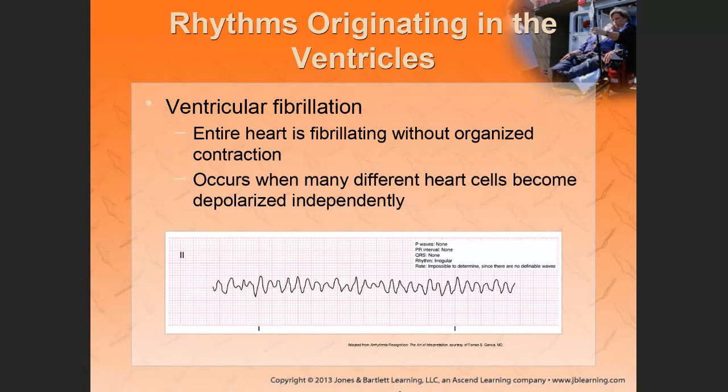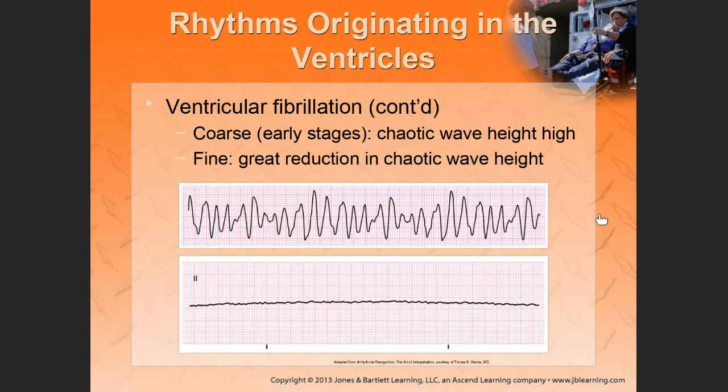Now you can get tricked in the field. So don't let this happen to you in the field. So look at these two rhythms. Look at both of them, right? What is the top one? What is the bottom one? So what does the top one look like to you? What is the bottom one?